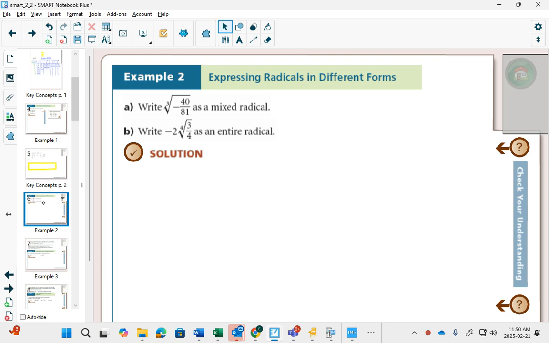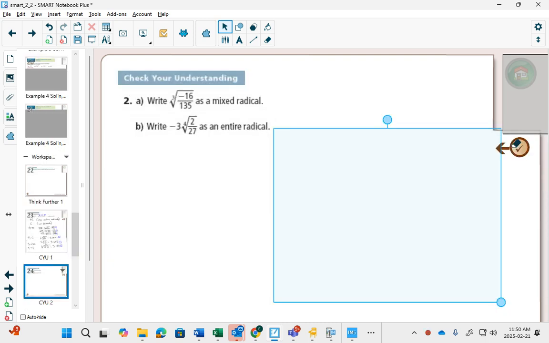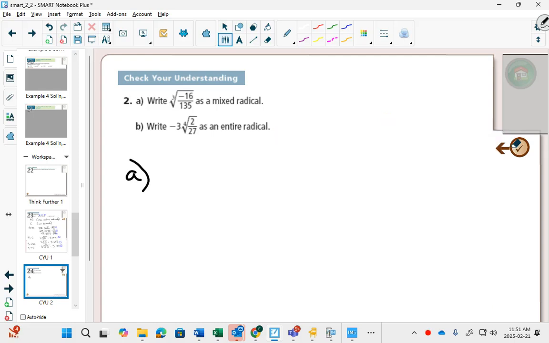So now if we go to example 2, I notice that in A, I want to write as a mixed radical, and I'm dividing, so I might, just to make my life a little bit easier, do preliminary breaking up, put a cube root on the top of my fraction, a cube root on the bottom of my fraction.